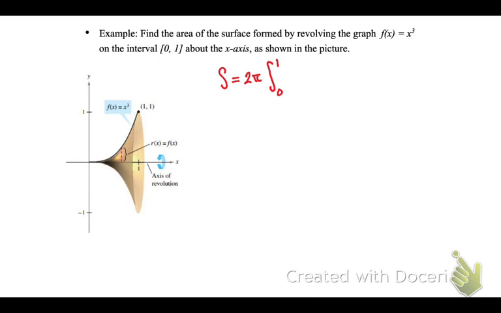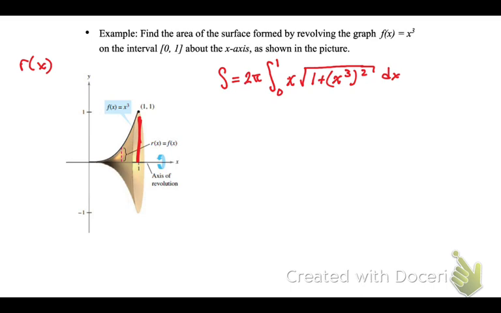So the r of x would just be x, times the square root of 1 plus the function, x cubed, squared.